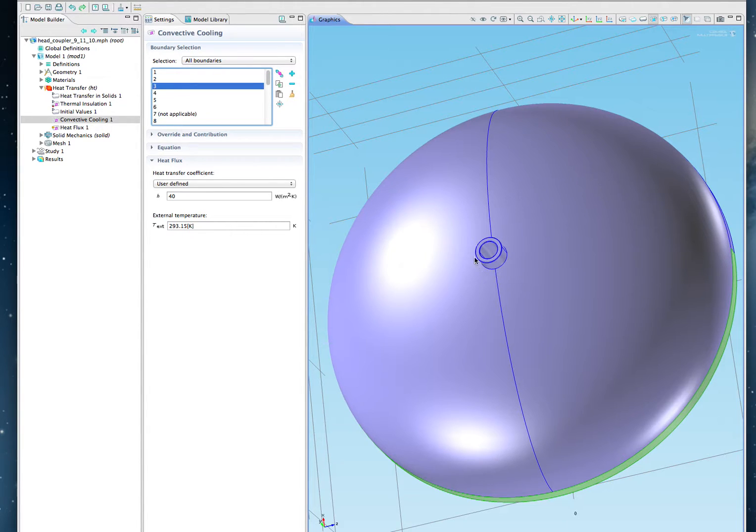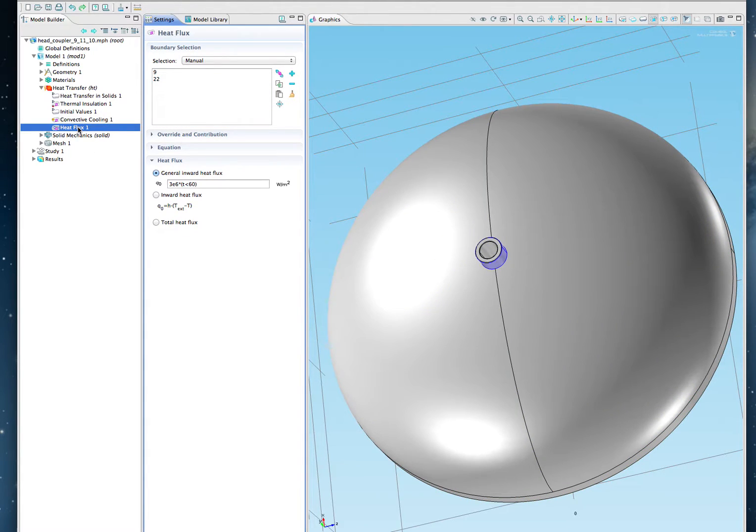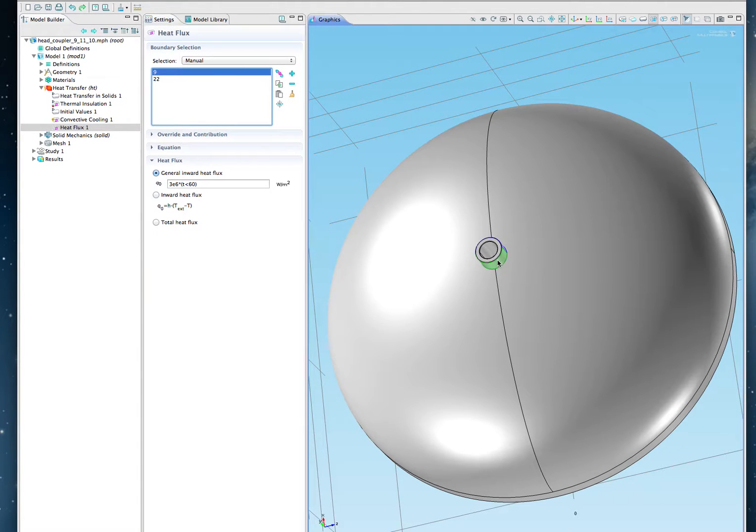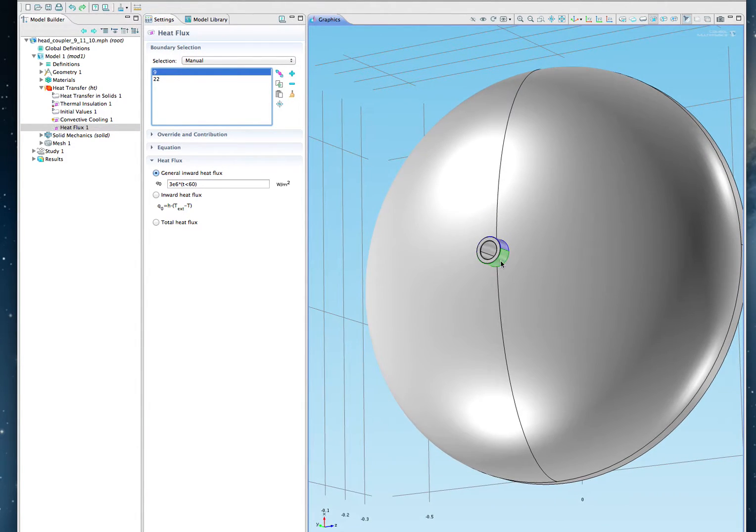So the next step is on these boundaries here, I have to have the input heat flux. So I have to put heat flux boundary condition, and then I choose. You can see number 9 is actually this boundary, the green one here. That is 9. And what is happening on 9, I have a general inward heat flux, and what is it?